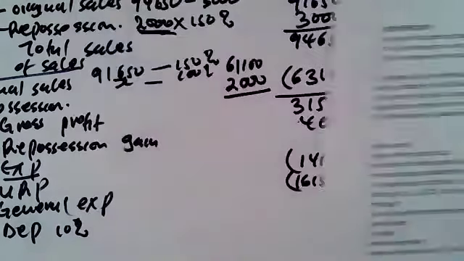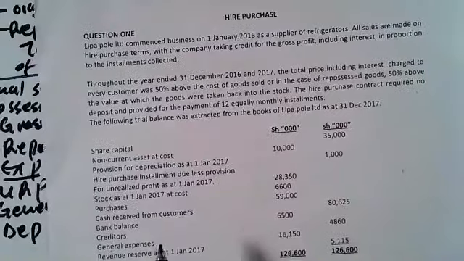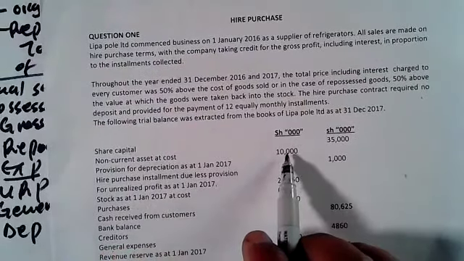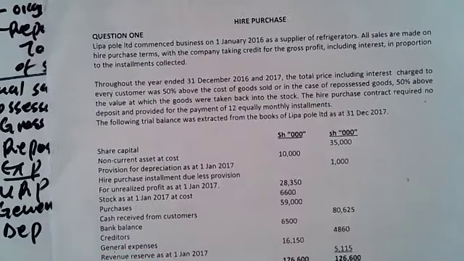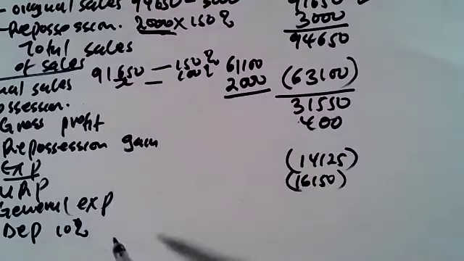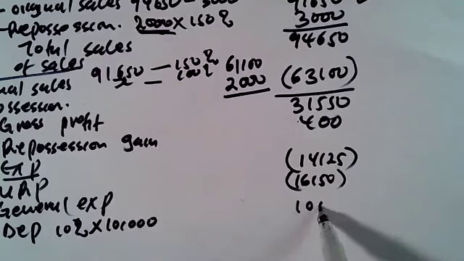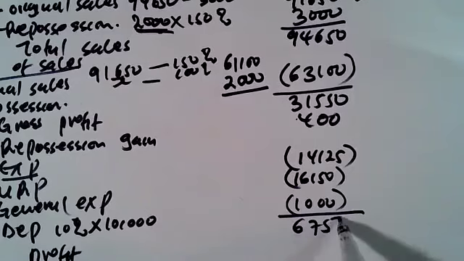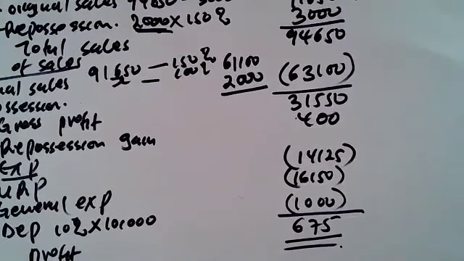So you just take 10%, come here. We had non-current assets of 10,000. So it's 10% of 10,000, that is 1,000. You multiply by 10,000, and that one you get 1,000. So you'll get your profit of 675. That's the income statement.